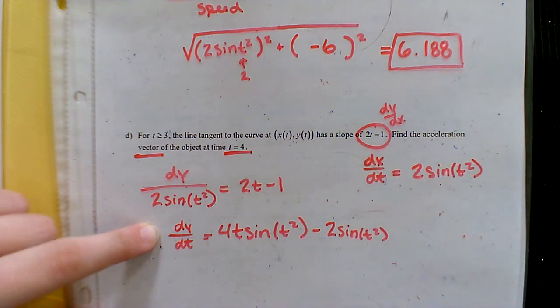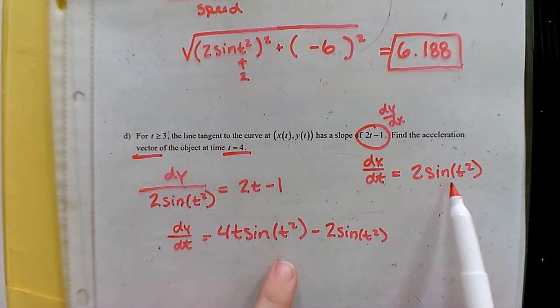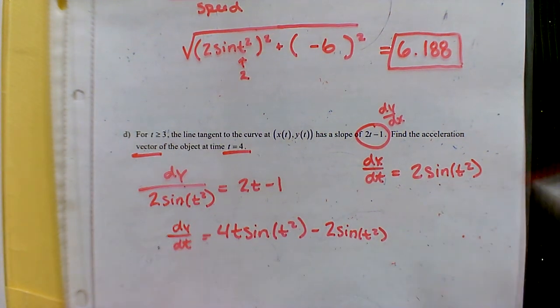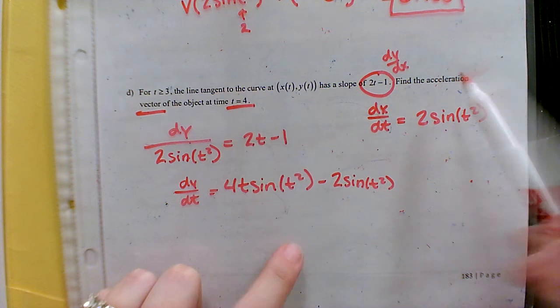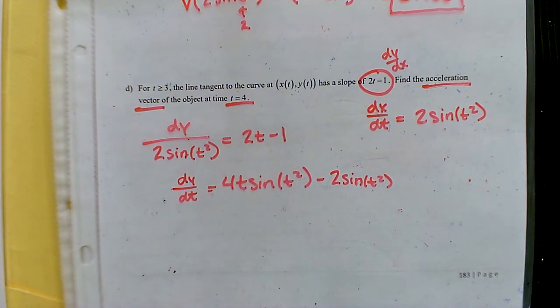Okay, so we got to find the acceleration vector at time 4. If these are the component velocities, the x velocity and the y velocity, what do we have to do to those to figure out the acceleration? Think about your order of equations. If you have velocity, what do you have to do to get acceleration?